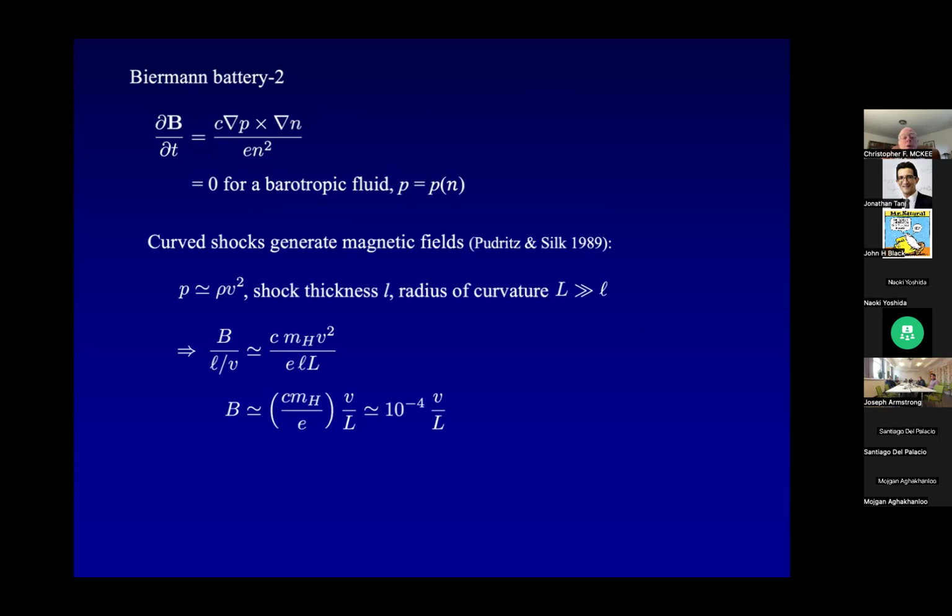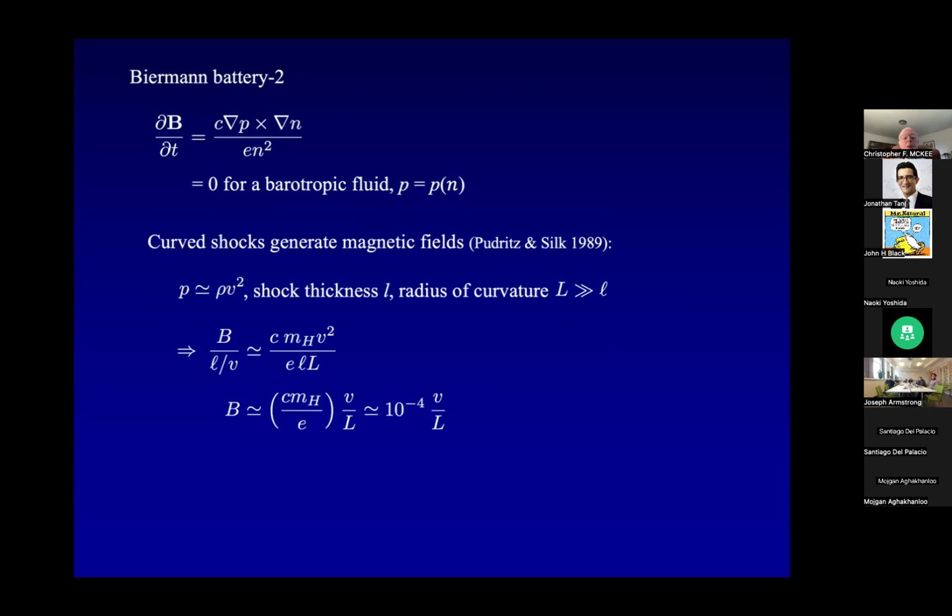So the pressure is order rho v squared. The shock thickness is written down as lowercase l. That's very small. And the radius of curvature of the shock is on a much larger scale. So if I then just write down to order of magnitude what the top equation is, I have B over time, and the time is just L over V. And then that's of order the pressure, which was rho V squared.